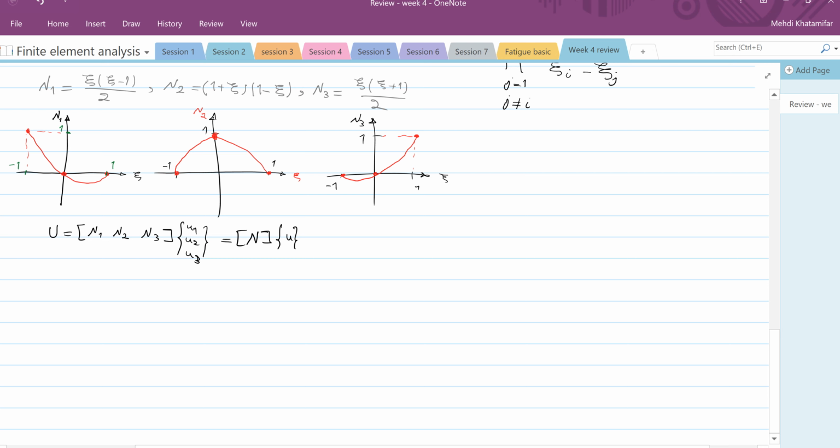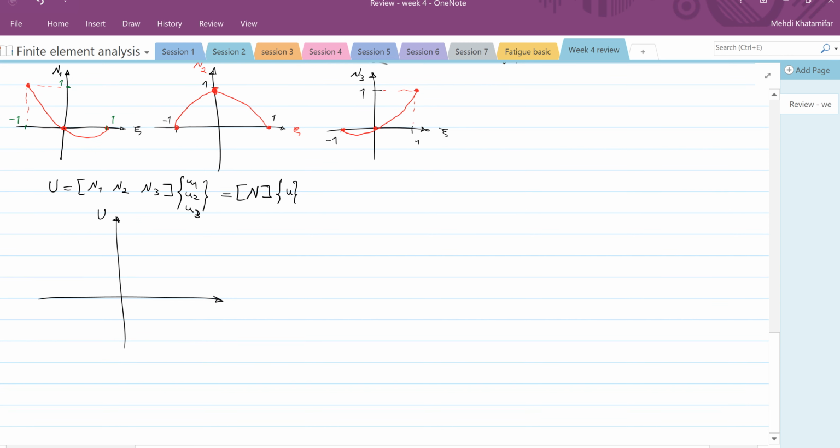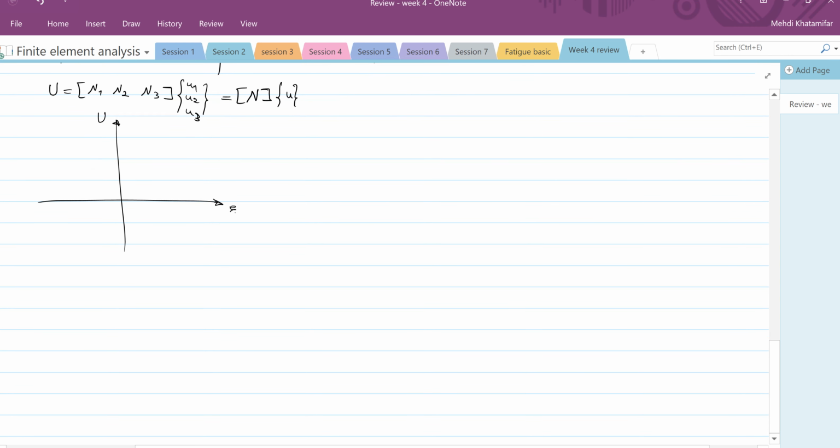And if I draw a graph for u and psi for the local coordinate system, let's see what type of graph we are going to have. 1 and -1.